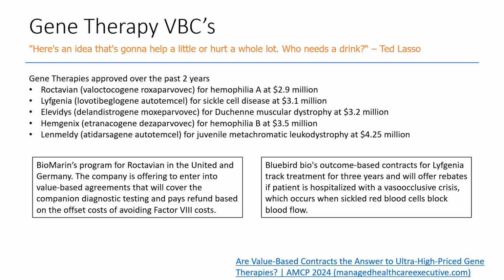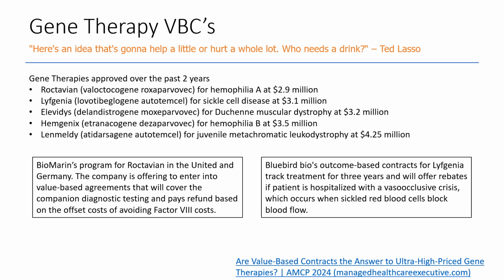This medication should offset historical factor costs for that patient. And if it doesn't, then BioMarin has said that they will pay for the factors. They won't pay you back the 2.9 million that you paid for the drug, but they will pay you for these factor costs. Now, how long? Forever? No, probably not. Probably for a year or 2. So at the end of the day, are you whole to your 2.9 million? Probably not.